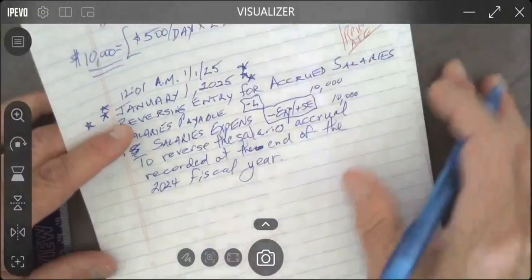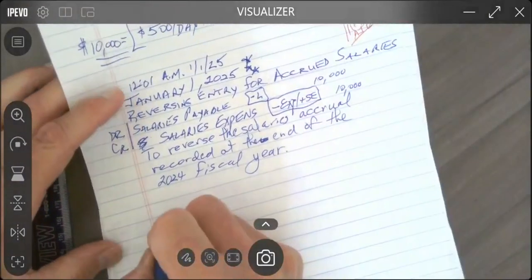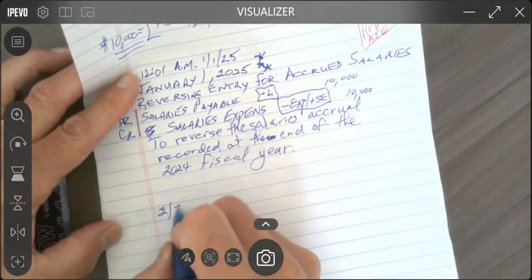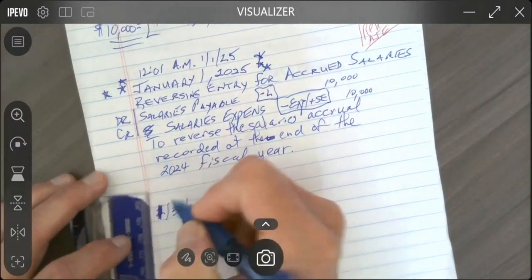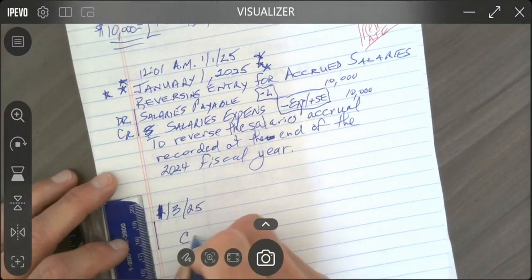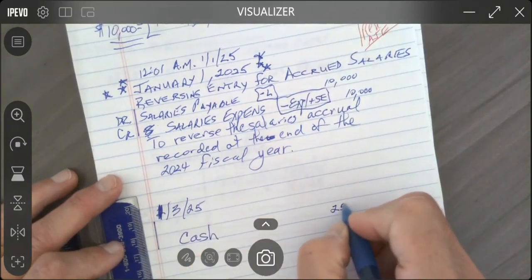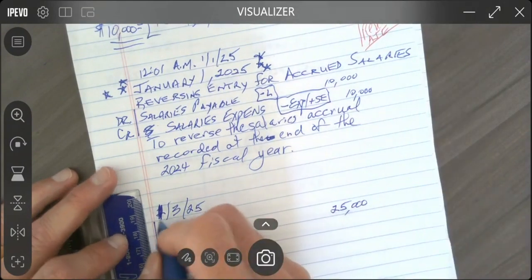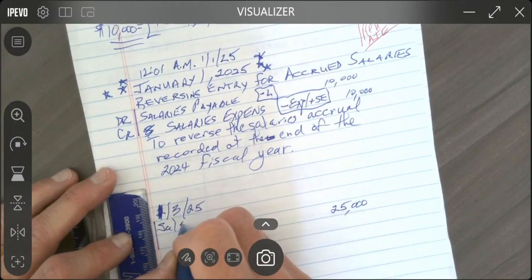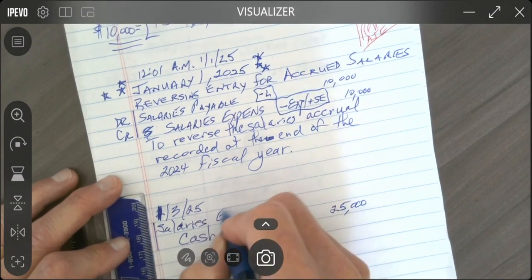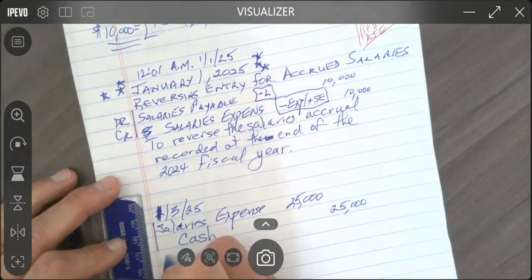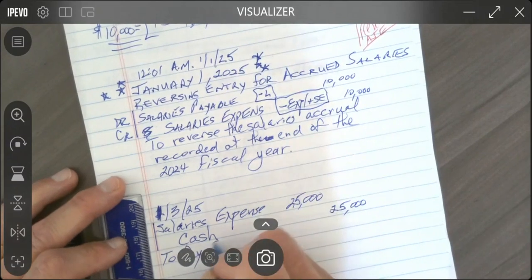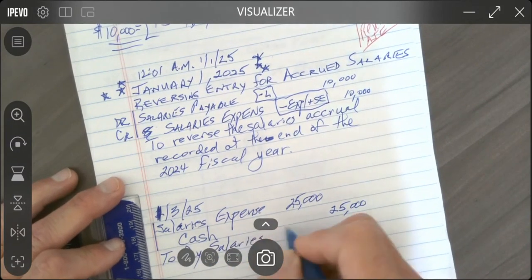All right, and so that will look like this. 1/3/25, I'm sorry, not 2/3/25. Credit cash for $25,000 and debit salaries expense for $25,000 to pay salaries for the week.